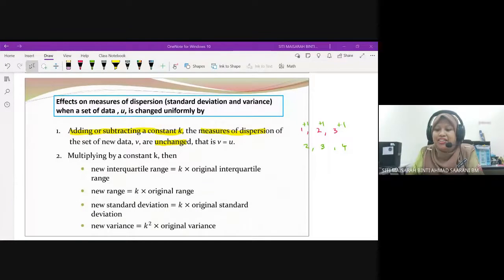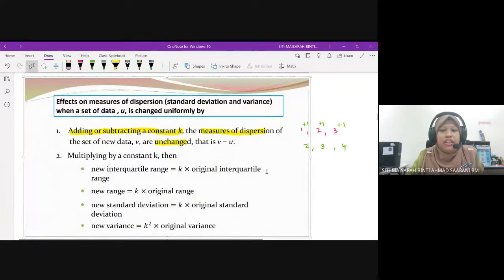Cuba kira. 120% darab dengan 200. Dapat berapa? Adakah masih 120? Tak. So jadi yang ni case dia perubahan dia tu tak sama.